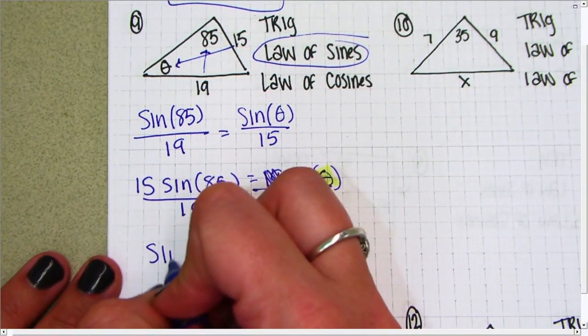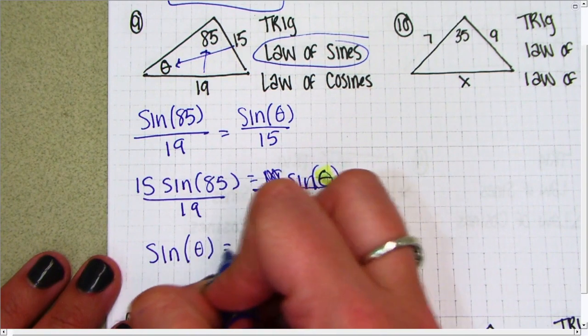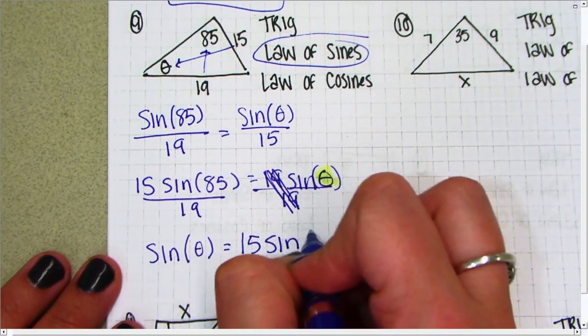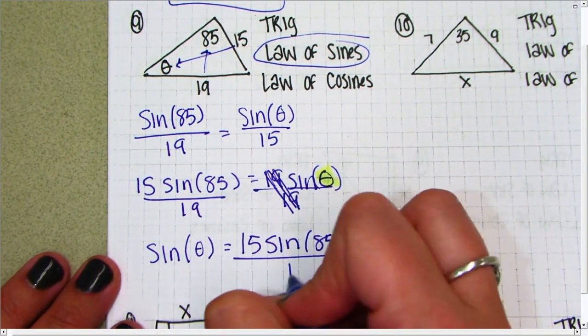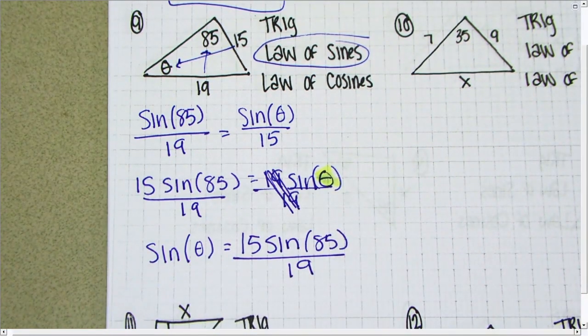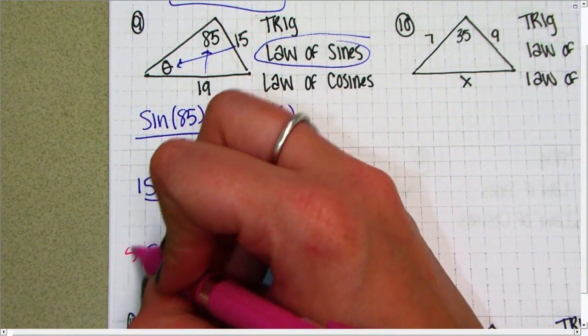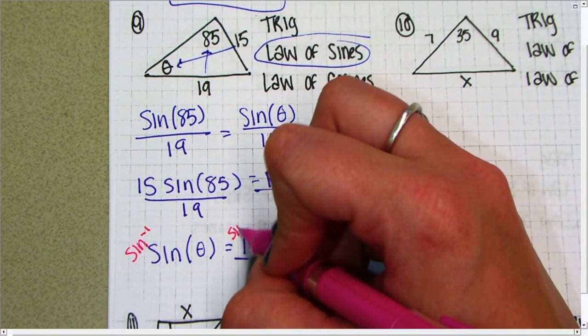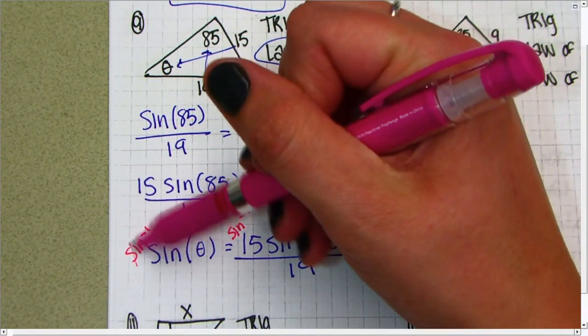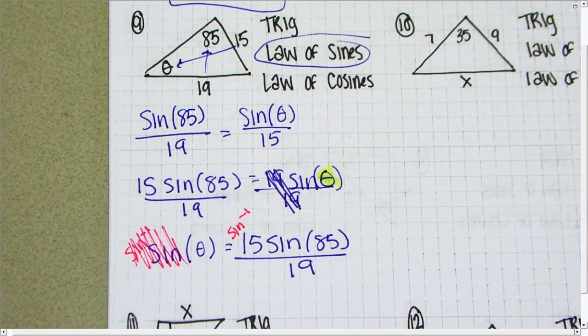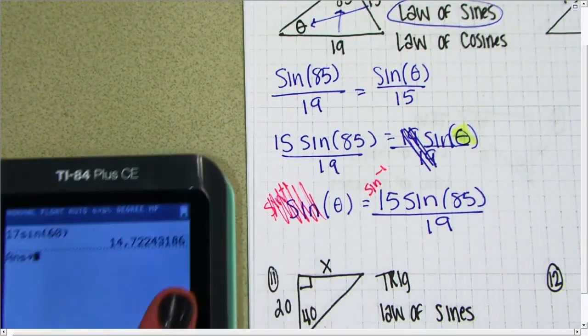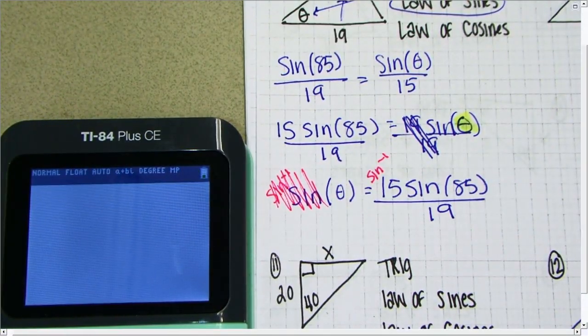So I'm going to just kind of flip this. So sine of theta equals 15 sine of 85 over 19. I'll be multiplying both sides by sine to the negative 1. So that means that these cancel and theta is alone. So I can now type into my calculator sine to the negative 1.